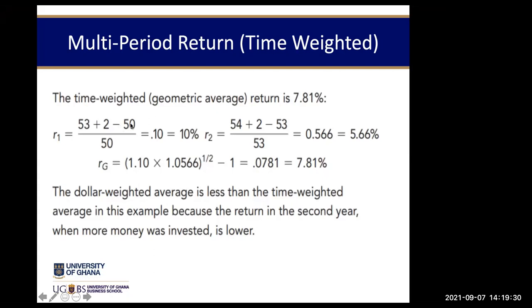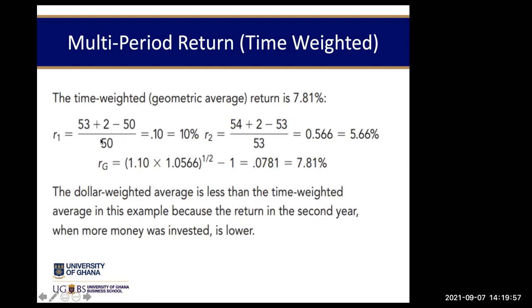This is like the capital gain. 53 minus 50 is a capital gain of 3 plus the dividend of 2 over the initial cost of 50. Or if you like, you can do it inflows minus outflows. So this is 55 minus 50 over 50. Again, that gives you 10%. Exactly. So that's the return for year 1.